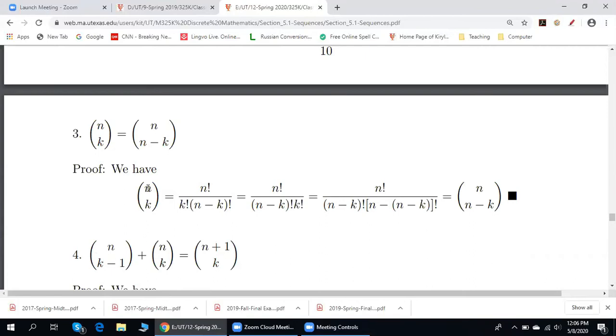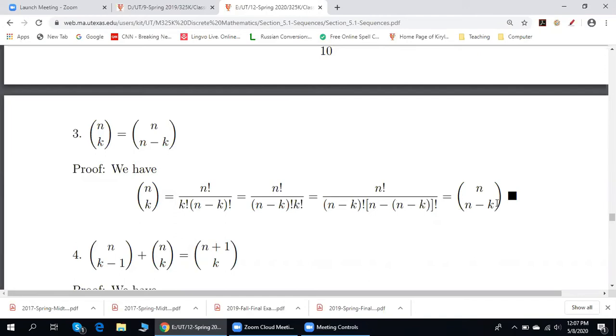So n choose k is equal to this. It's the formula. Obviously, we can switch positions of these two terms in the denominator. After that, observe that k can be rewritten as n minus k, which is by definition of the choose symbol, n choose n minus k.